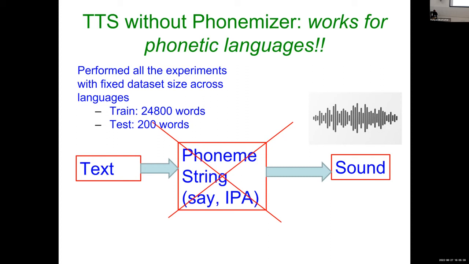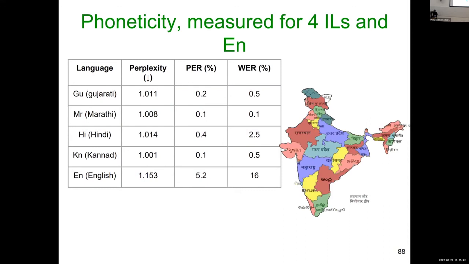Now, what do we mean by phonetic languages? We conducted this study called phoneticity. We measured the phoneticity of the languages. So the way it was done is that we took grapheme strings, that is text strings. We took their IPA correspondences, and then we computed the entropy, which is equivalent to computing the perplexity. Okay? And we found that Gujarati, Marathi, Hindi, and Kannada have a comparable amount of perplexity.